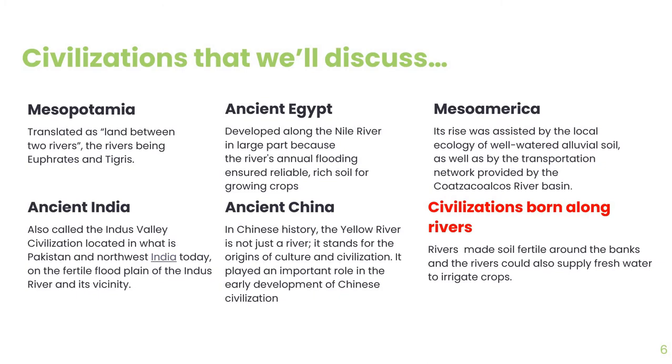Mesopotamia was born due to the help of the Tigris and Euphrates rivers. Same with India and Egypt and China and Mesoamerica. These rivers made the soil fertile around the banks, and the rivers could also supply fresh water to irrigate crops. Sabi nga nila, di ba? Wherever there is water, there is life.